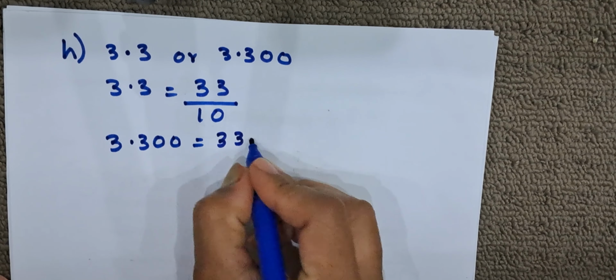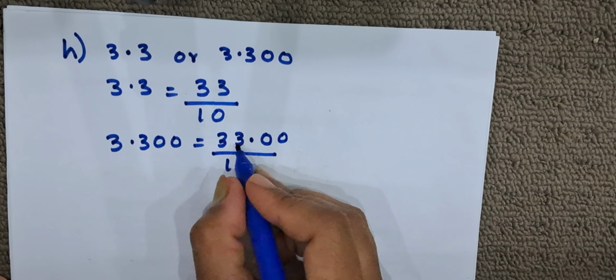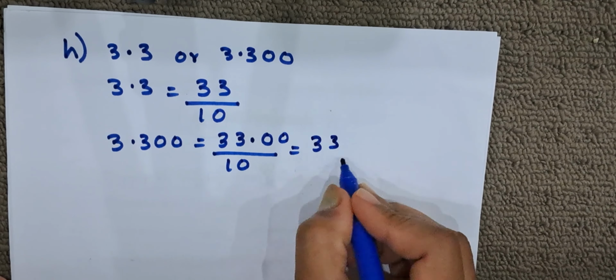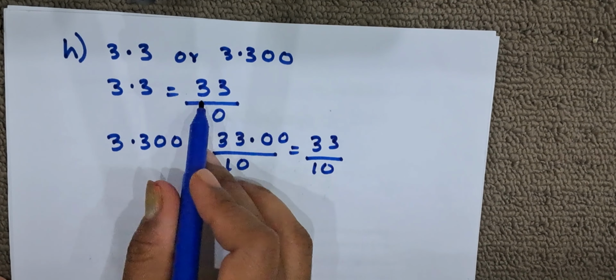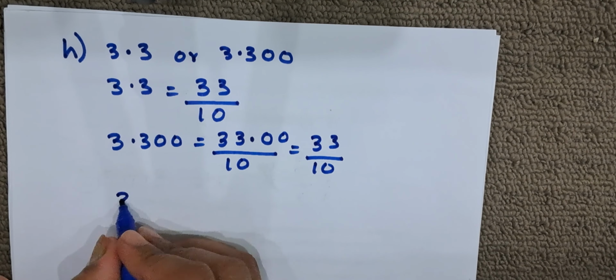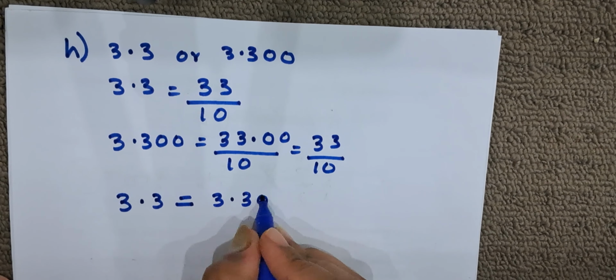So it becomes 33.00 divided by 10. See here, 33.00 is nothing but 33 divided by 10. See, 33 by 10 and 33 by 10, aren't they both equal? Yes, they both are equal. So 3.3 is equal to 3.300.